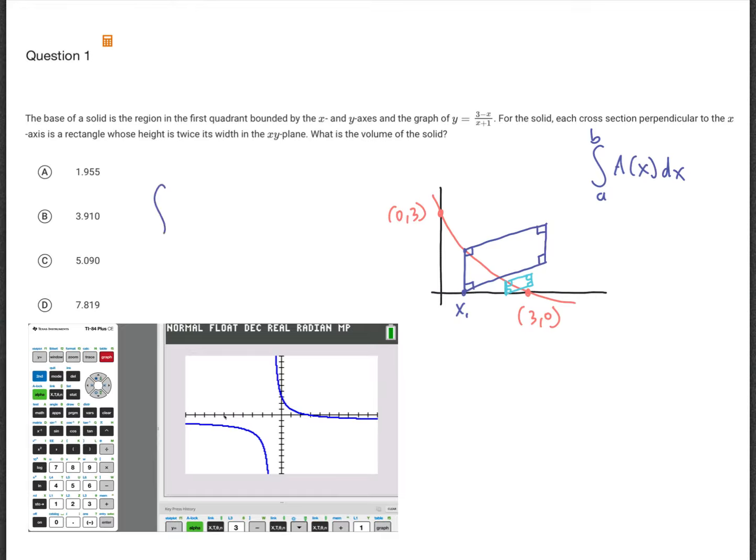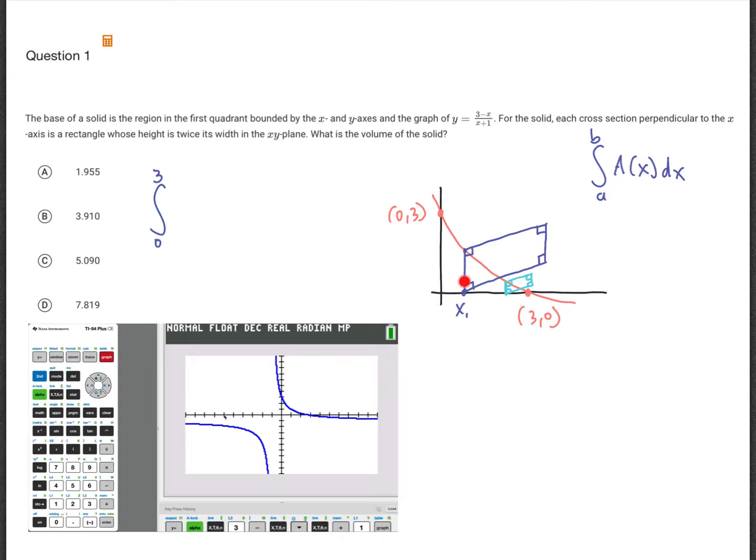Okay, so now we know we're going to go from 0 to 3, because that's the bounds of this area, from x equals 0 to x equals 3. And if we're doing cross sections perpendicular to the x-axis, everything is going to be in terms of x. So these limits have to be in terms of x, and then our function is going to be in terms of x also.